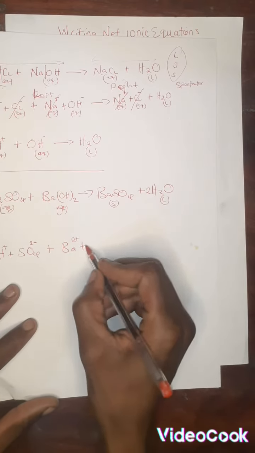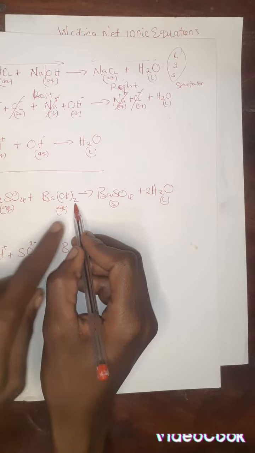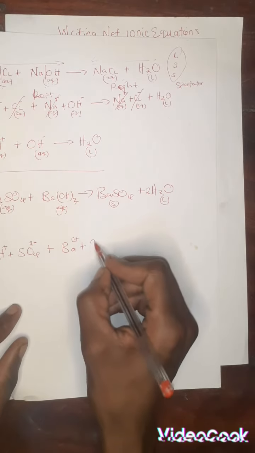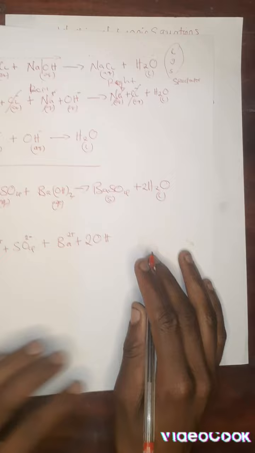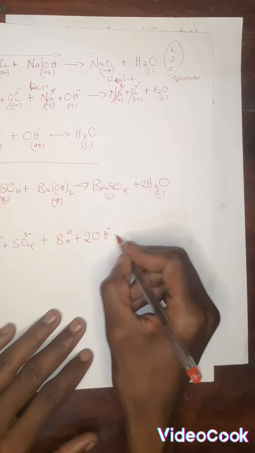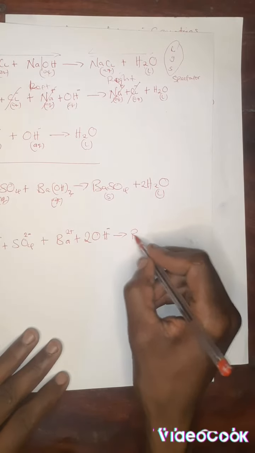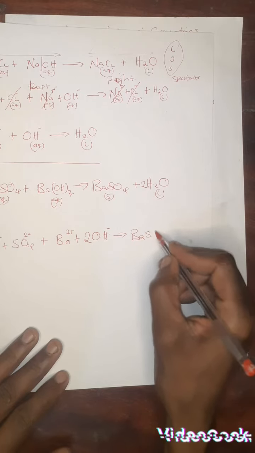Then plus hydroxide. So the 2 for hydroxide will also not be here, will be in front. So 2 hydroxide, which is negative, to produce barium sulfate.